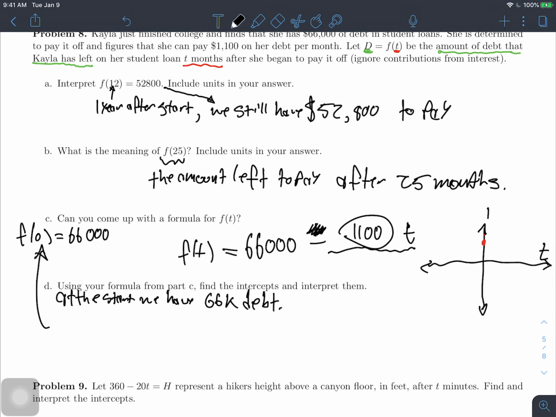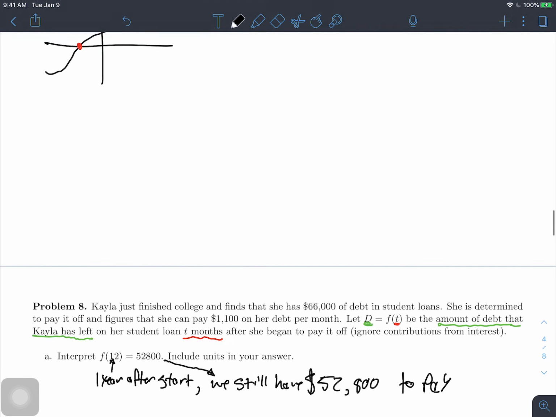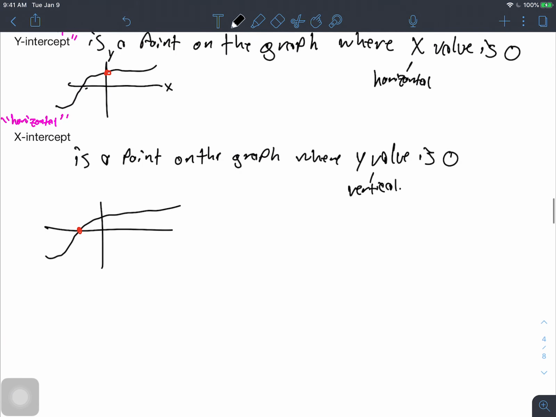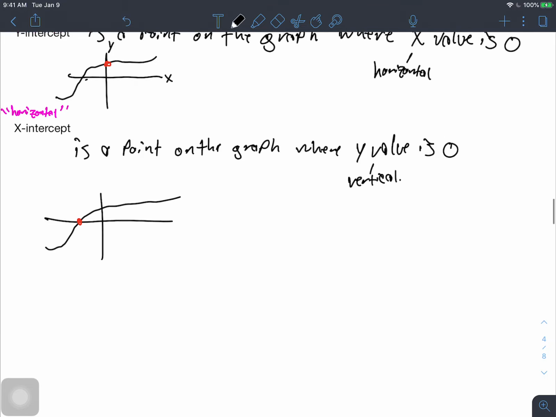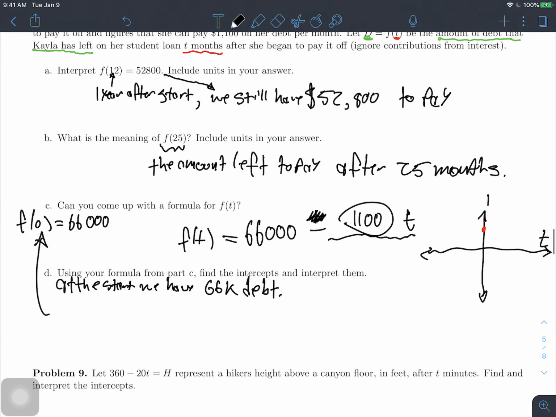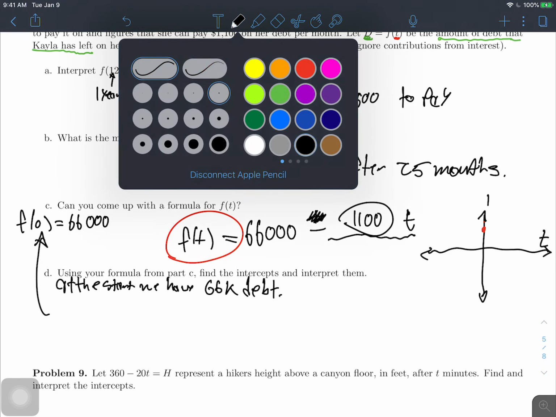Okay, now, how are we going to go about finding the horizontal intercept? Well, let's go back to our definition. What I said was that an x-intercept, a horizontal intercept, in this case a t-intercept, is a point on the graph where the height of our function is equal to 0. Which means that what I want to solve here is my output should be 0. So what I'm going to do is just write down an equation.